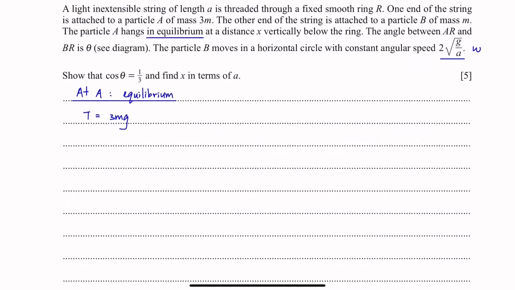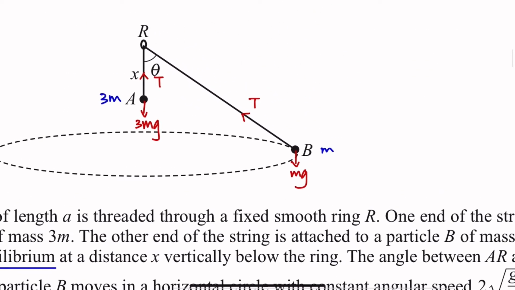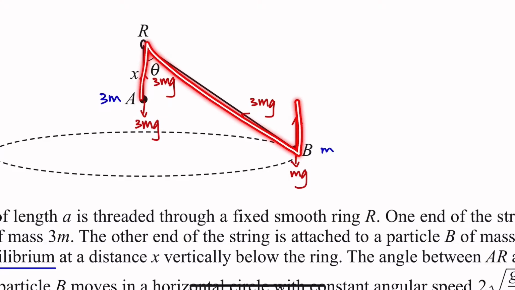Okay, now at B, we would try to resolve this in the vertical and the horizontal direction. So now we can change T to 3mg. And in the vertical component, we know that this angle right here is theta, right? This is alternate angle. So this would be theta.